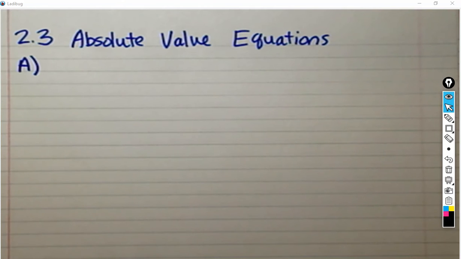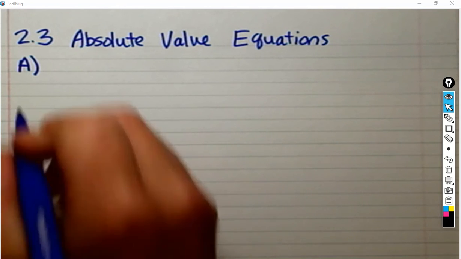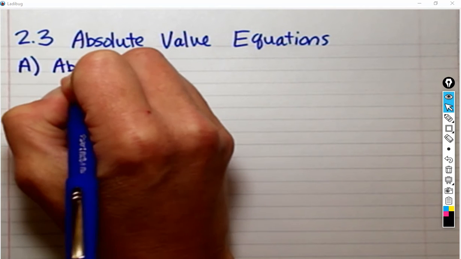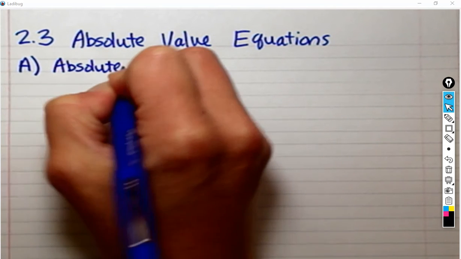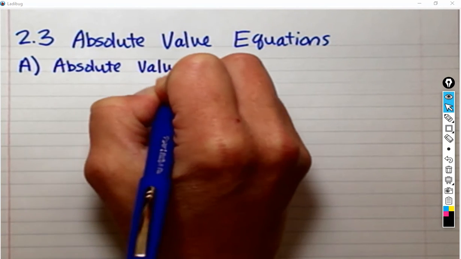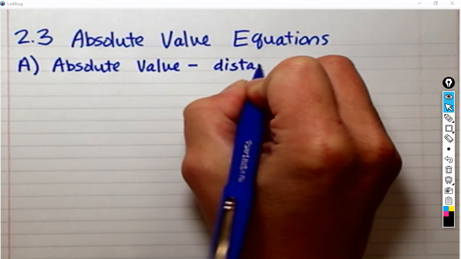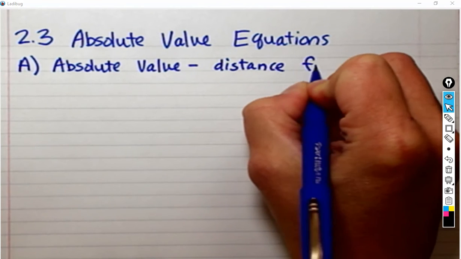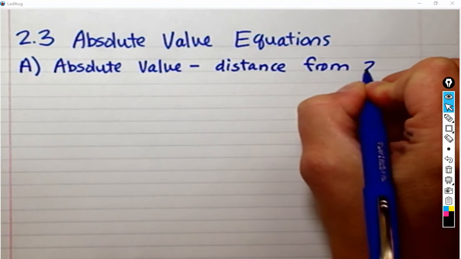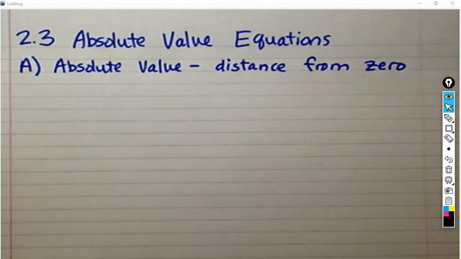All right, so we're going to just start with a little definition. Absolute value is defined as the distance from 0.